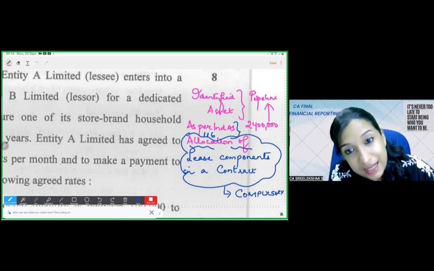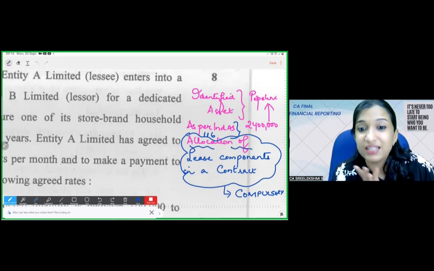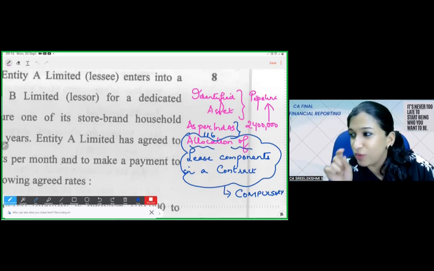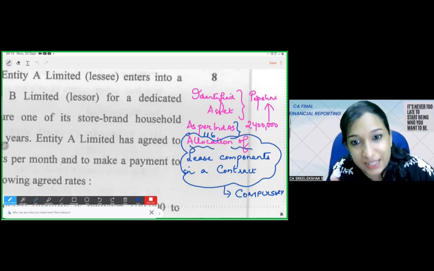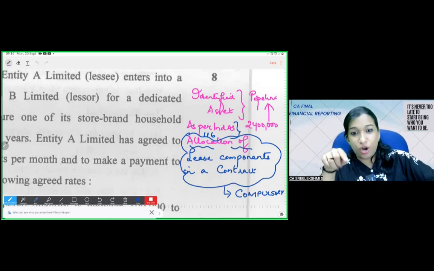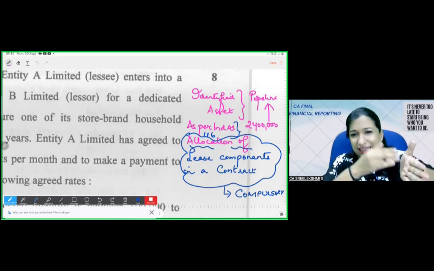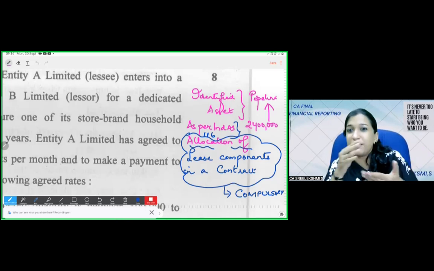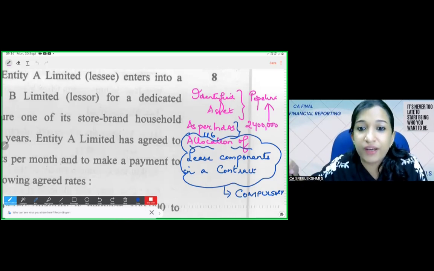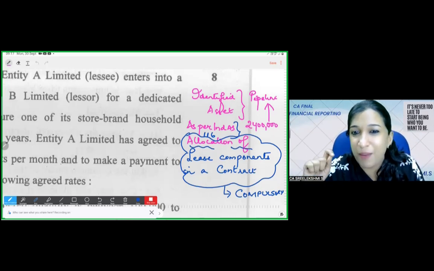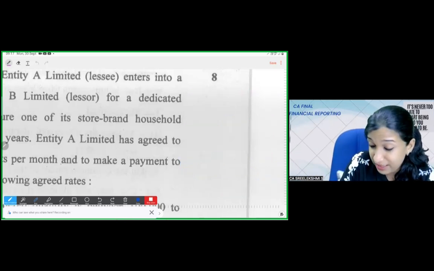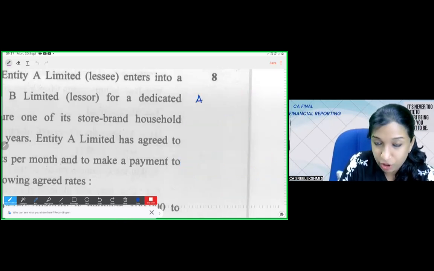The lease payments towards each component have to be separated. It is mandatory that in one lease contract, if there is a payment towards a production line, a truck, and a building, then the 24 lakhs on each identified asset needs to be separated.